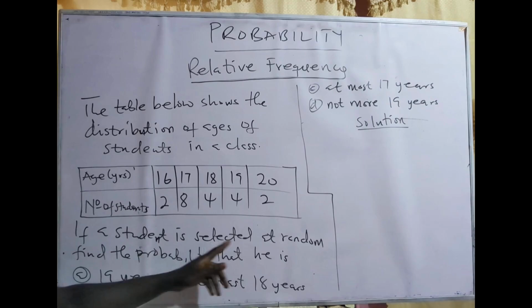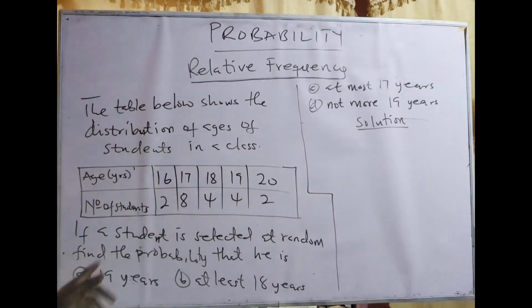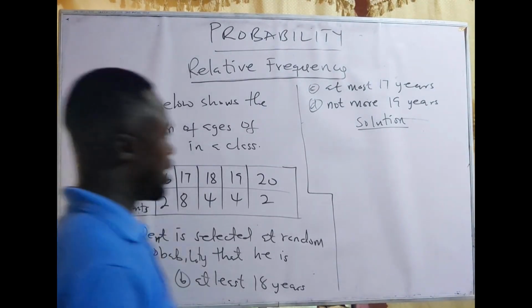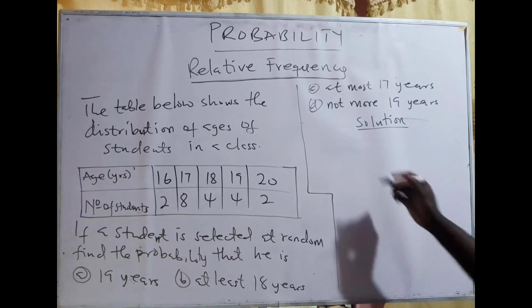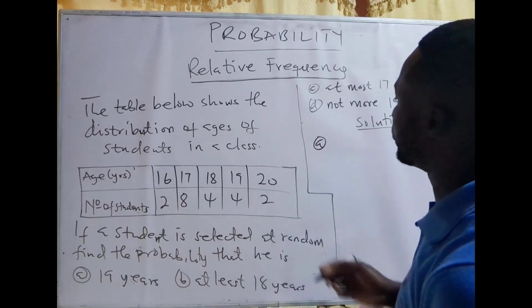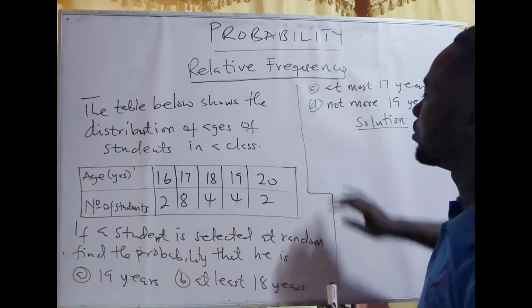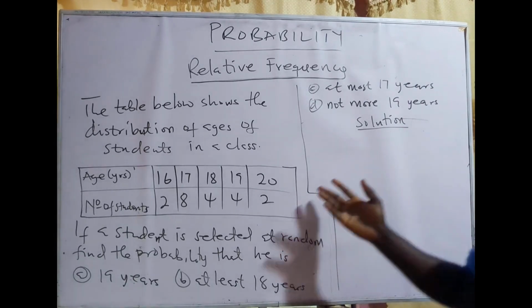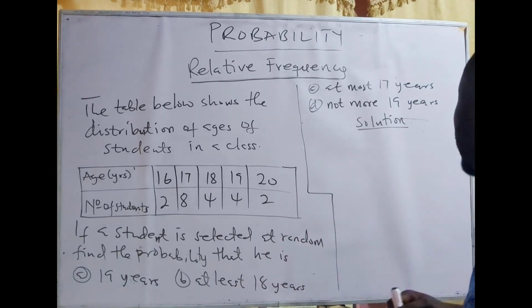It says if a student is selected at random, find the probability that he is A, 19 years. So let's take it one by one. If you are supposed to select a student at random, you will find the probability that the student is 19 years. Because it's probability, we have to know the total frequency, or the total number of students.